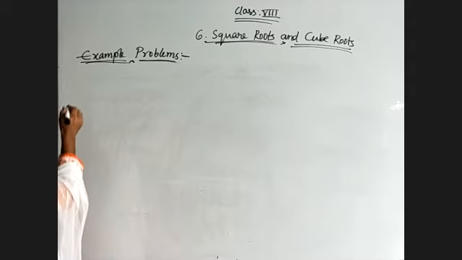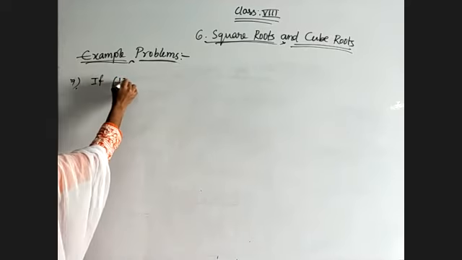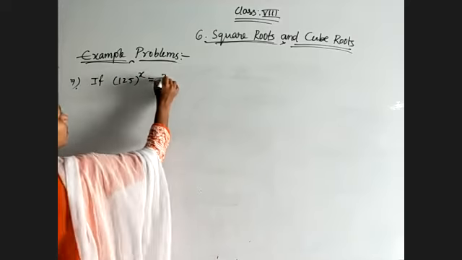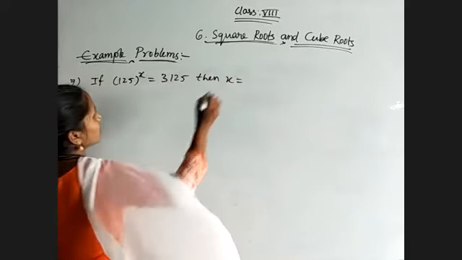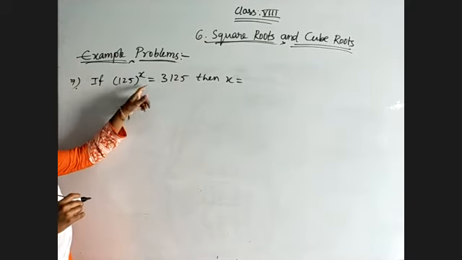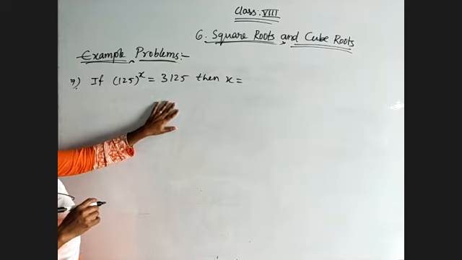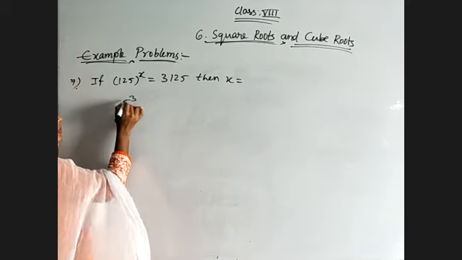And if I have like this, if 125 to the power of x is equal to 3125, then x will be equal to what? So it is also same as algebraic expressions only. So here exponential form is there. Try to elaborate both the sides in exponential form. Then simplify. 125 is nothing but 5 cube.